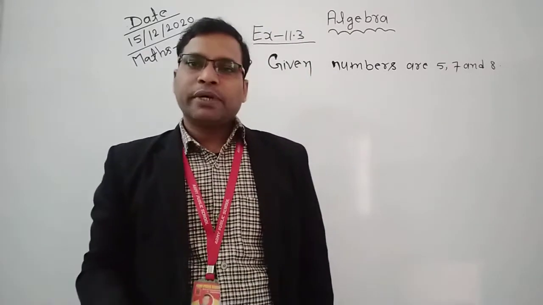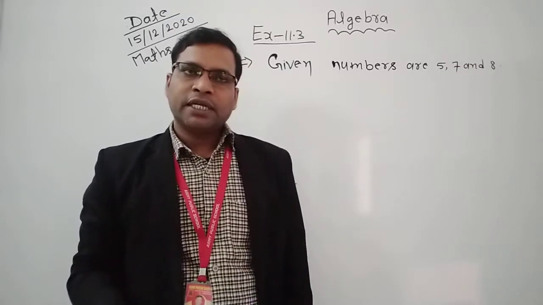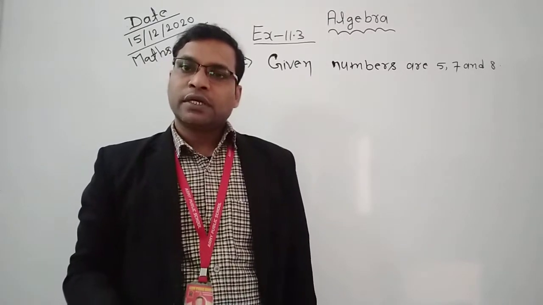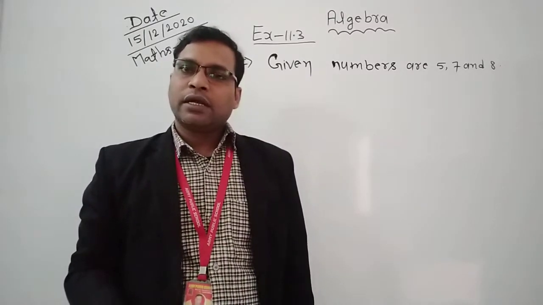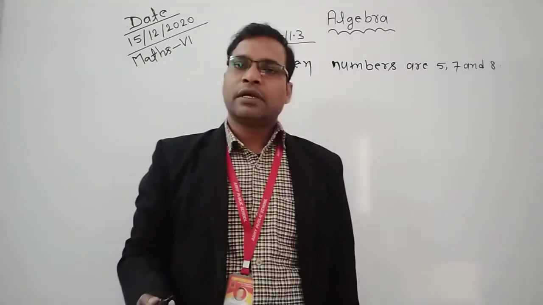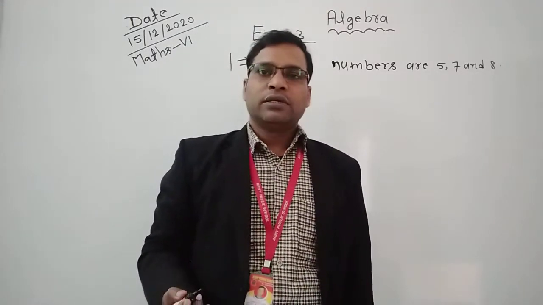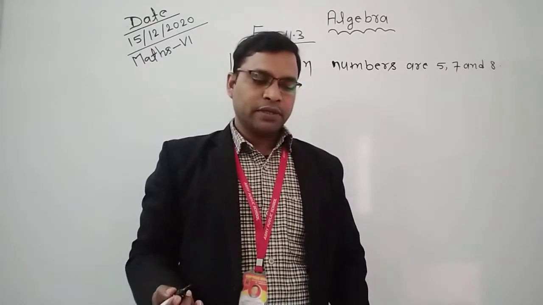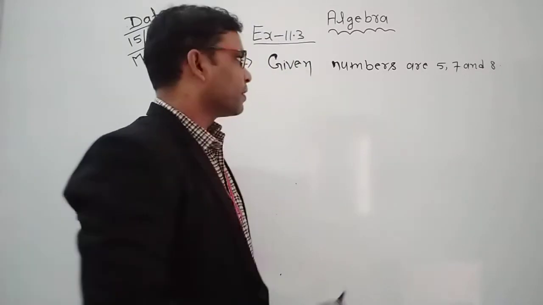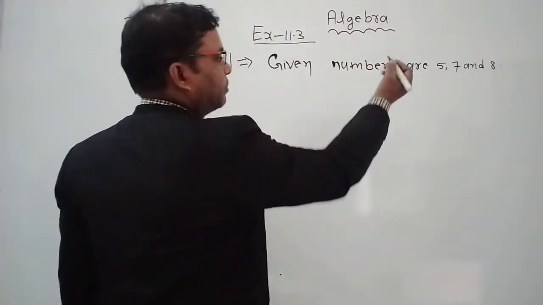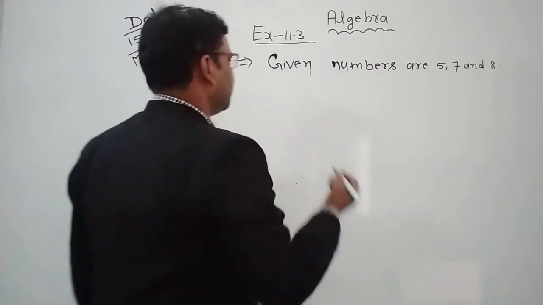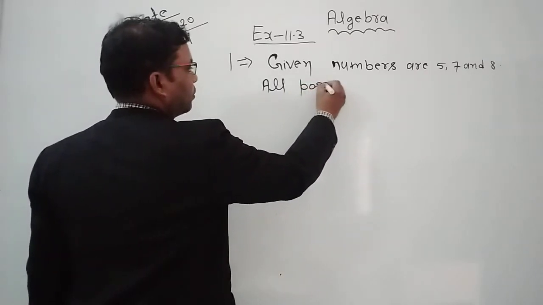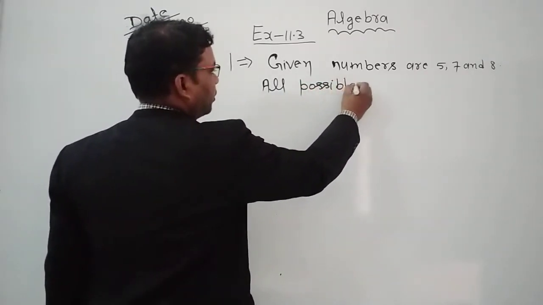Division is also an arithmetic operation, but this question allows only three arithmetic operations: addition, multiplication and subtraction. Okay, so write here all possible expressions through these numbers 5, 7 and 8.